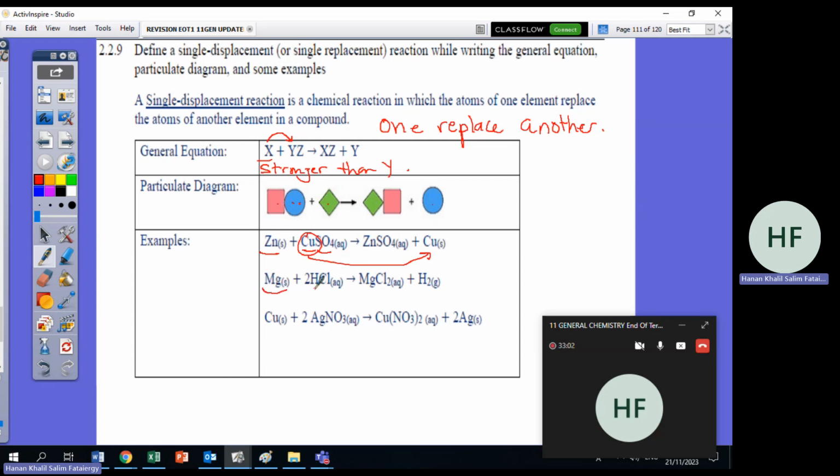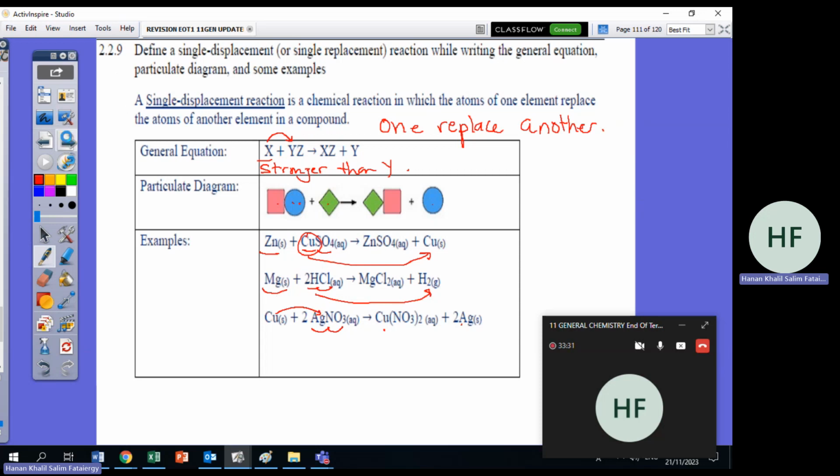Here we have Mg and H with Cl. Mg came and kicked H out, H is out, alone, and Mg made a pair with Cl. Now I have Cu and Ag with NO3. Cu kicked Ag out and Cu sat here. This means that Zn is stronger than Cu, here Mg is stronger than H, and here Cu is stronger than Ag.